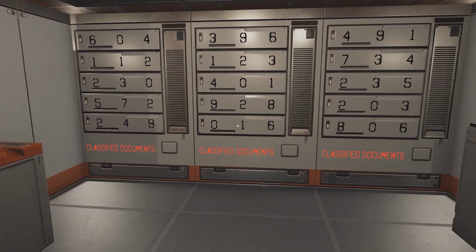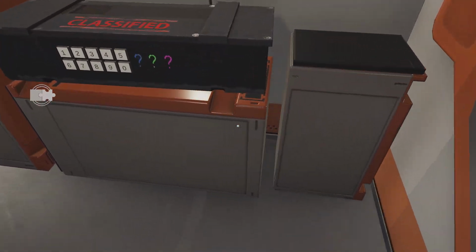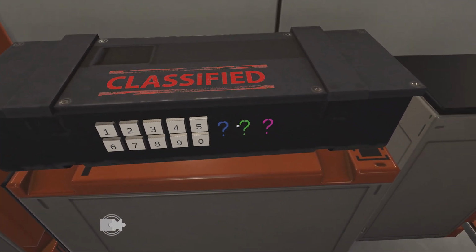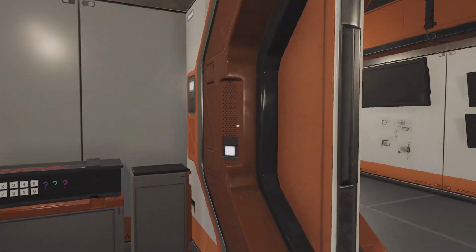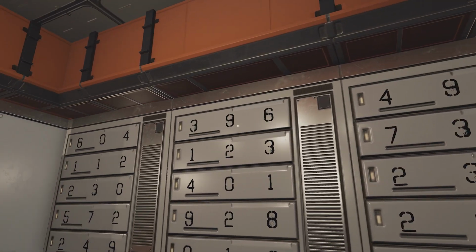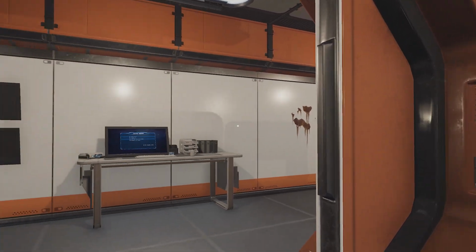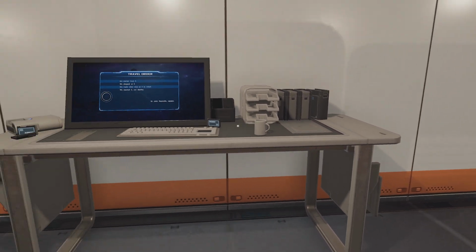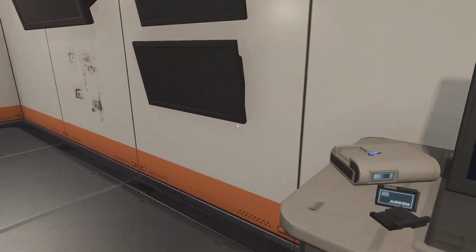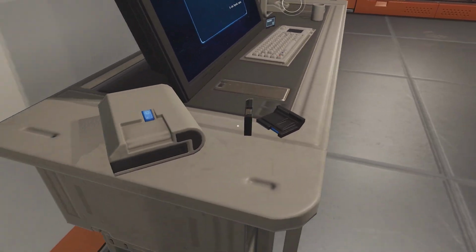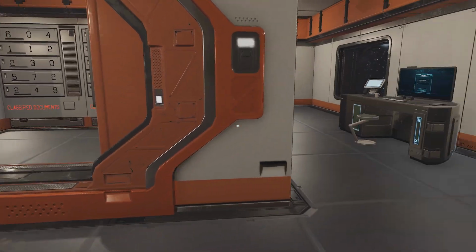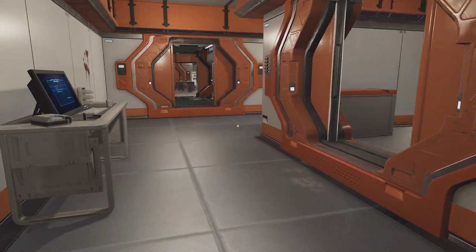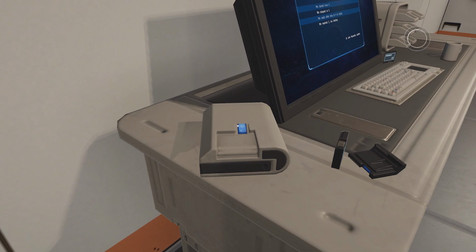Like I said, the fact that it's three different colored question marks leads me to believe that I should have three numbers somewhere that are different colors. Colors should come into play somewhere on here, but I'm not seeing it. I don't need to hit this tiny button, do I?